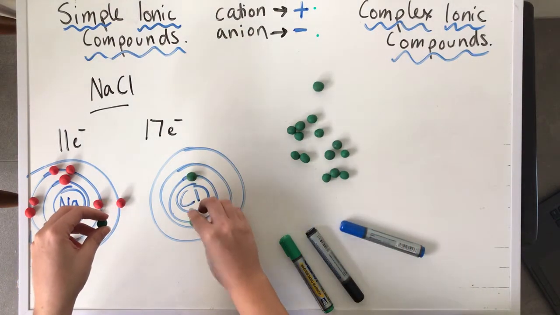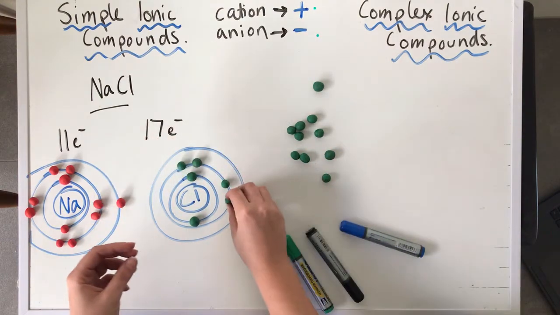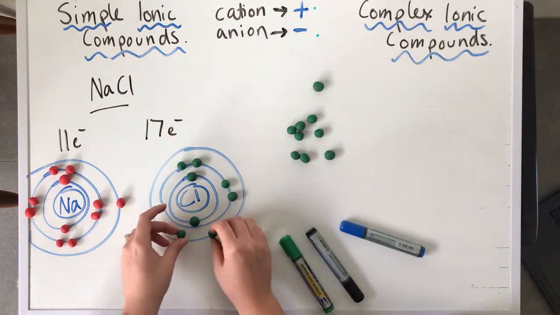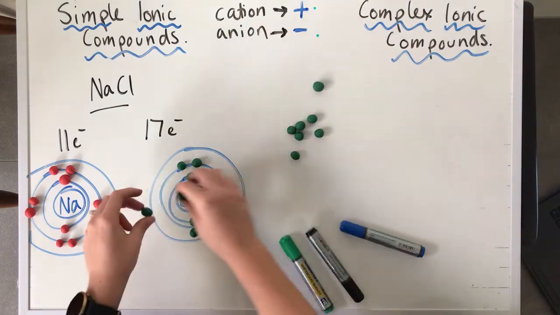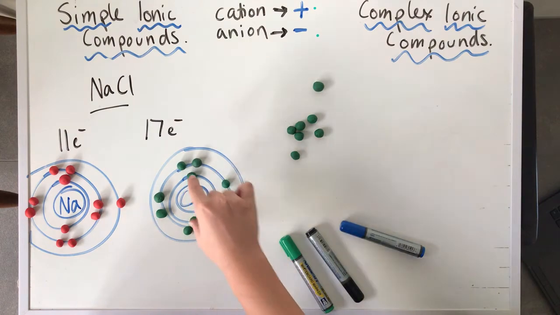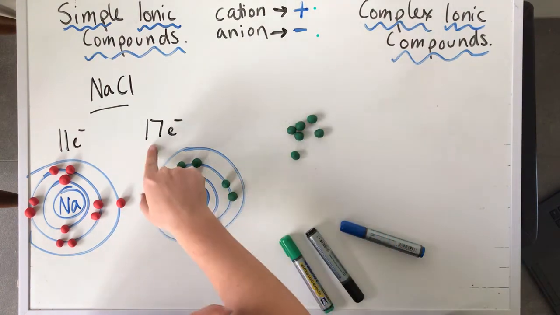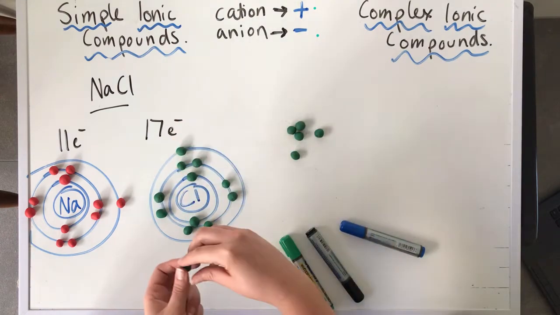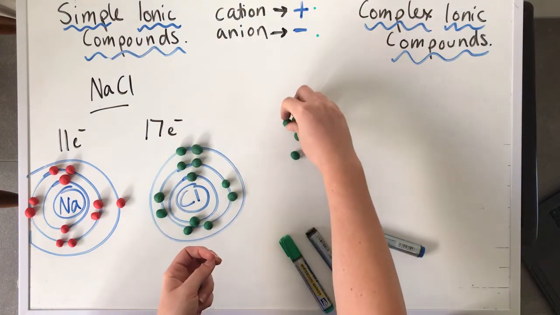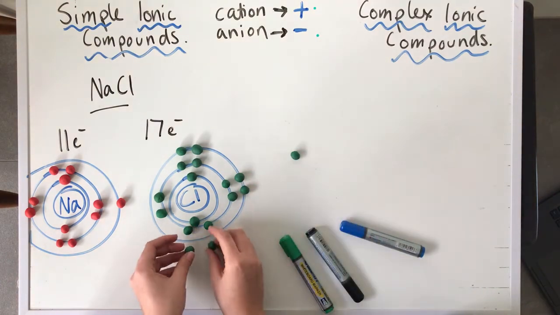Chlorine has 17. So there's 1, 2, 3, 4, 5, 6, 7, 8. So now we've got 2 in our first shell, 8 in our second shell, so we've got 10 altogether. I've got 17. So there's an extra 7 that are going to live in my outer shell here for my chlorine atom.